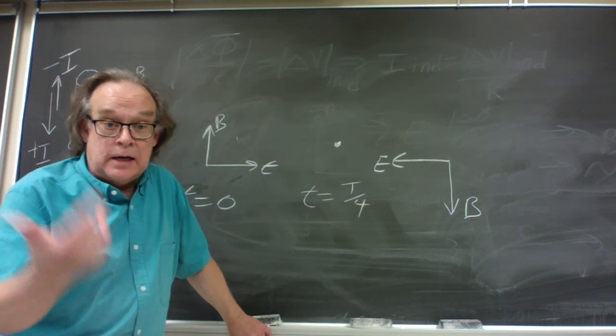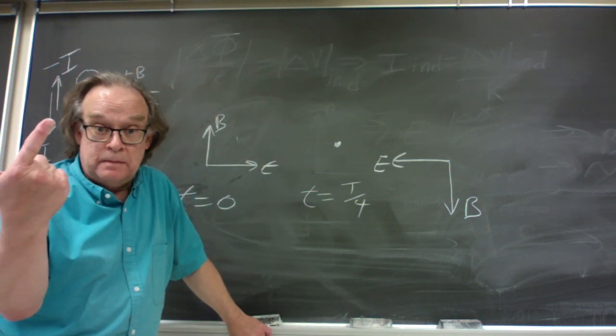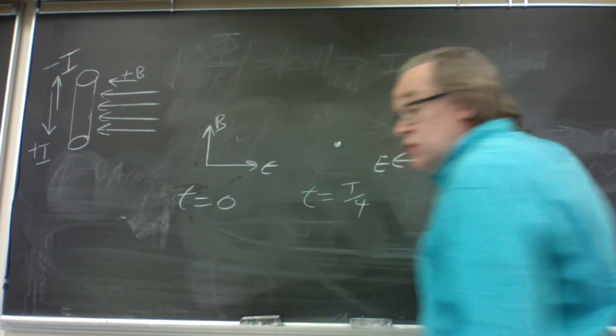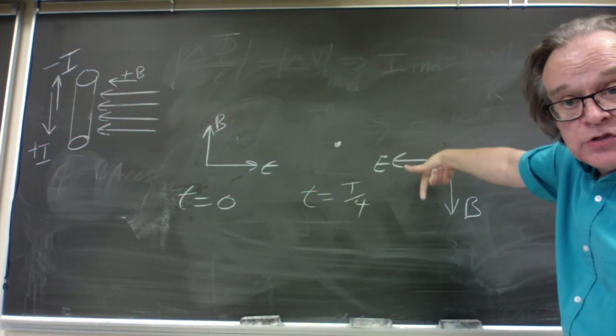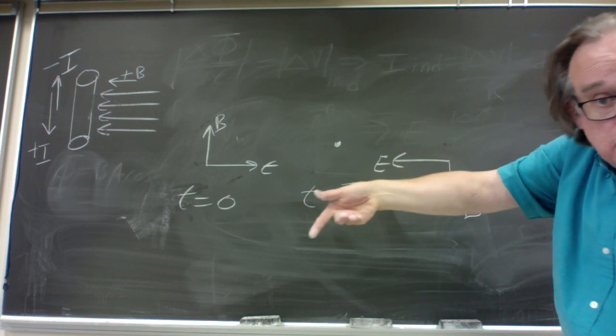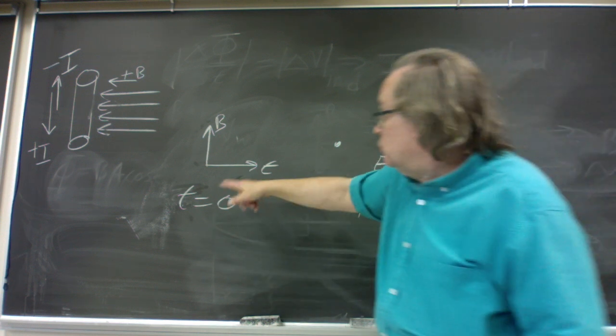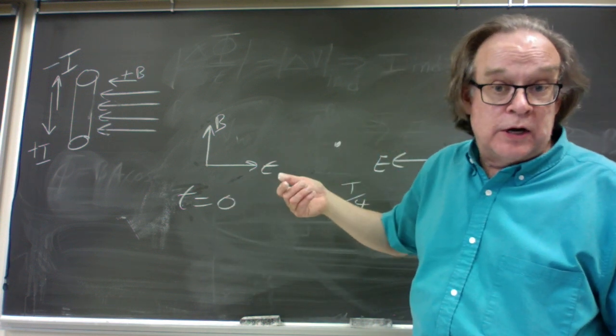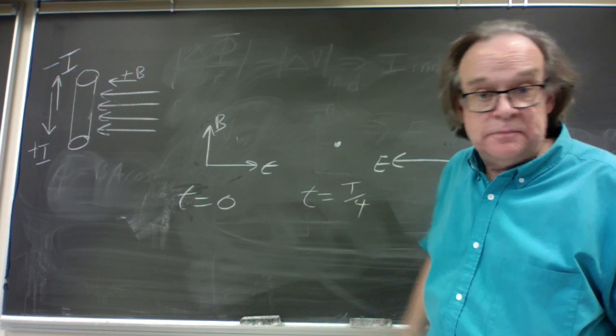Like that. And the right-hand rule still works. Thumb in direction of the electric field, index finger in direction of the magnetic field, the other finger's perpendicular and they're pointing out, which was still the direction of the wave velocity.